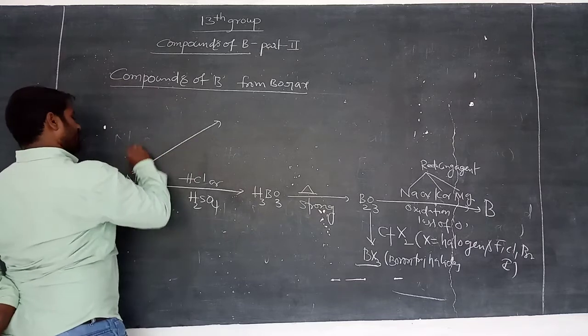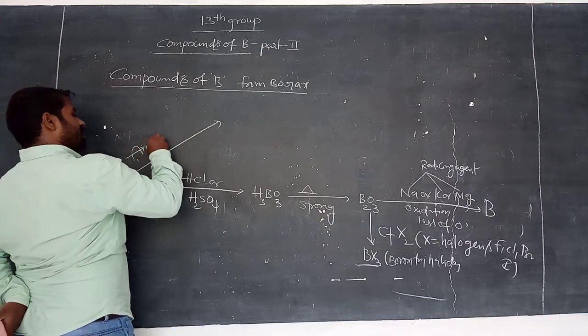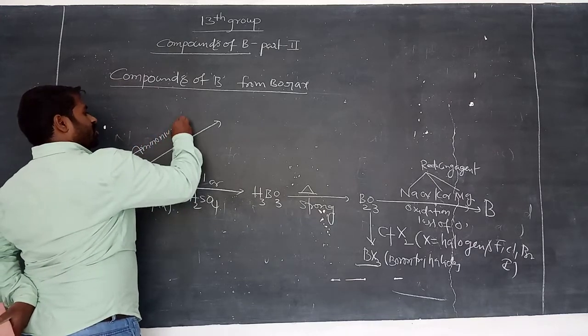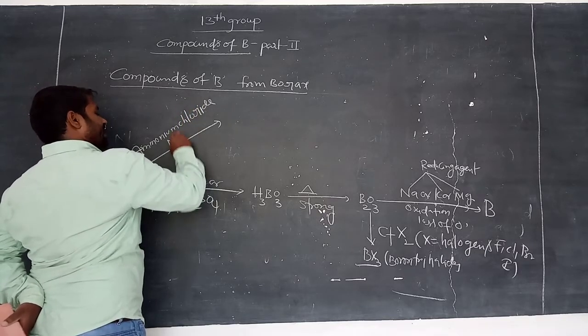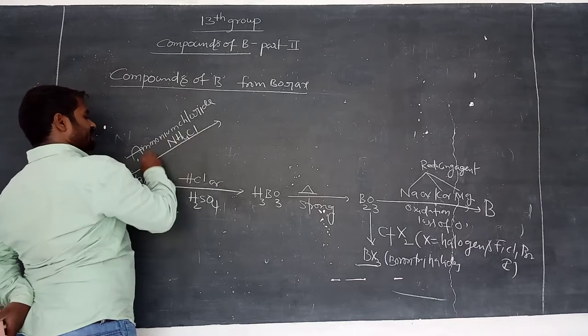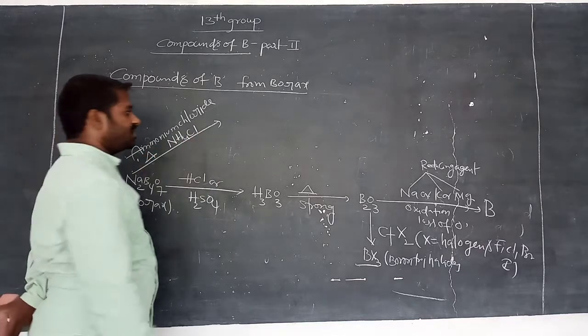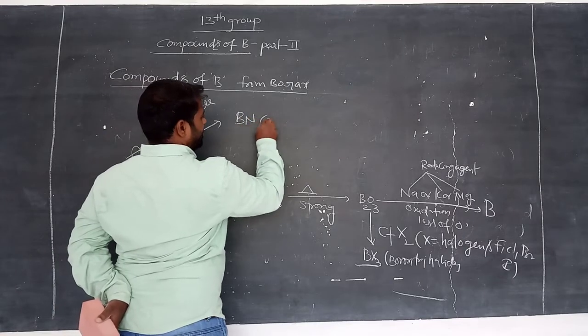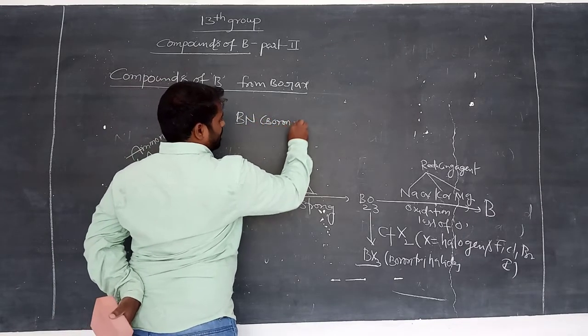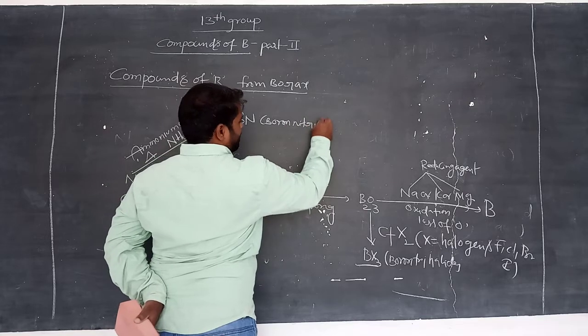Now borax is treated with ammonium chloride, that is NH4Cl, and it undergoes heating. Okay, it gives boron nitride. Very important. Boron nitride.